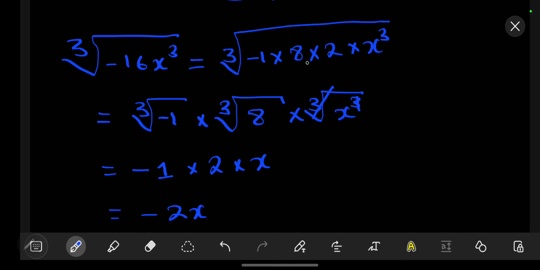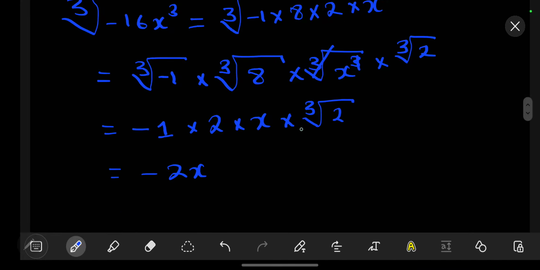Oh, we forgot to account for this, so we have times the cube root of 2, which just returns. So this times this times this will give us negative 2x times the cube root of 2.